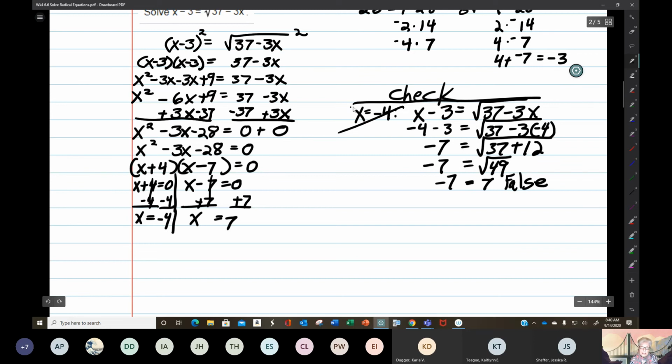Okay, so we've got to knock this out. Now we're going to try 7. x equals 7. x minus 3 equals the square root of 37 minus 3x.